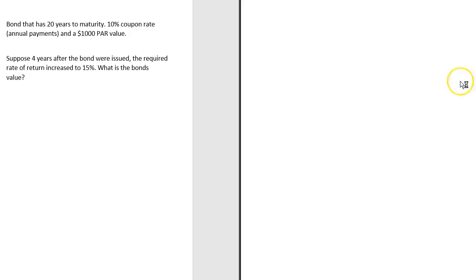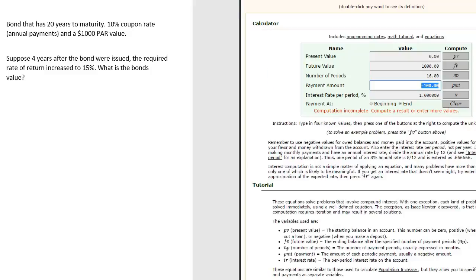Let's put in 100. Remember how to calculate that payment. It's simply the coupon rate times the par value, 10% of 1,000. Hopefully, you can figure out what 10% of 1,000 is. Or if I gave you 7% of 1,000, you could easily calculate that, right? Good.